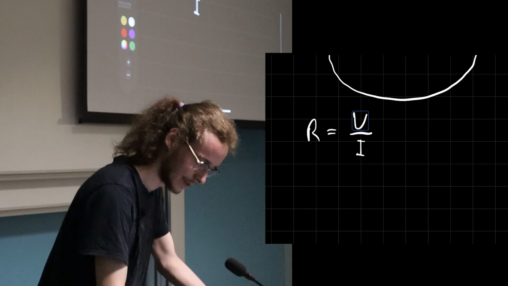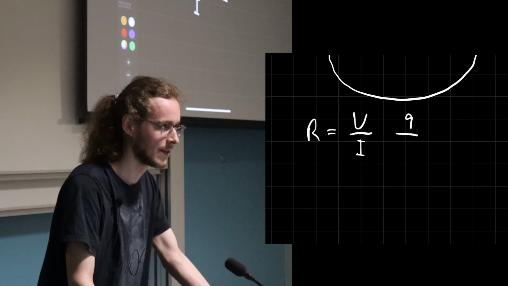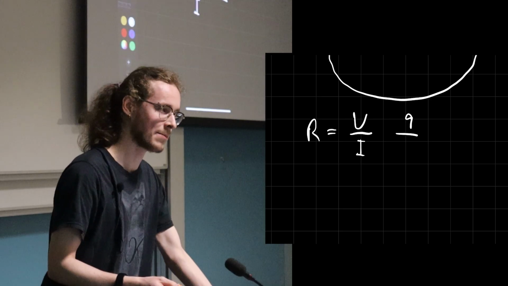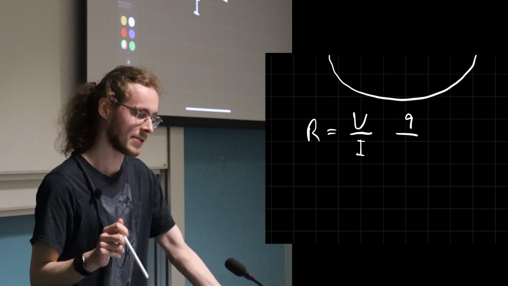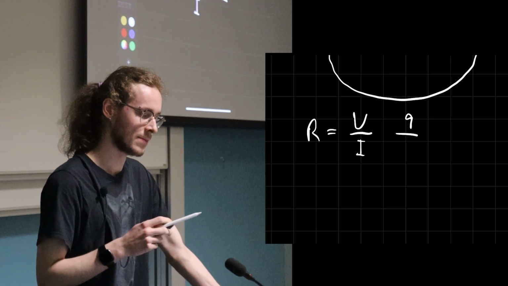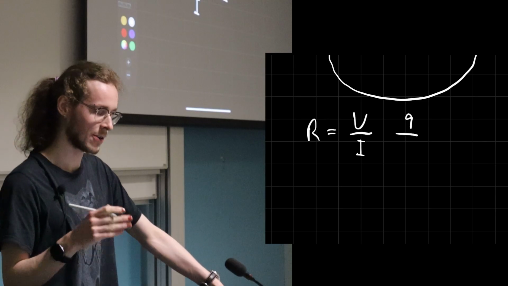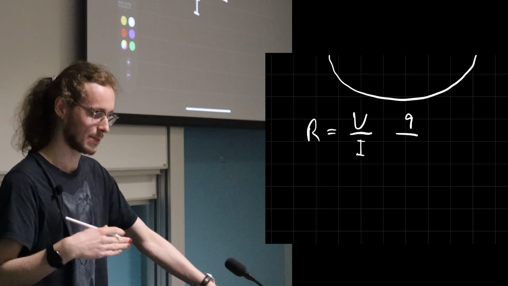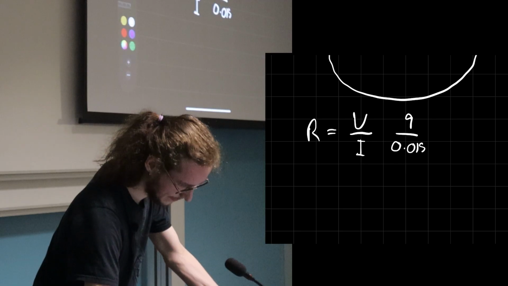So we have 9 volts over, and we want 15 milliamps, but we need to convert that into amps because the unit ohms is, 1 ohm is 1 volt over 1 amp. So 0.015.